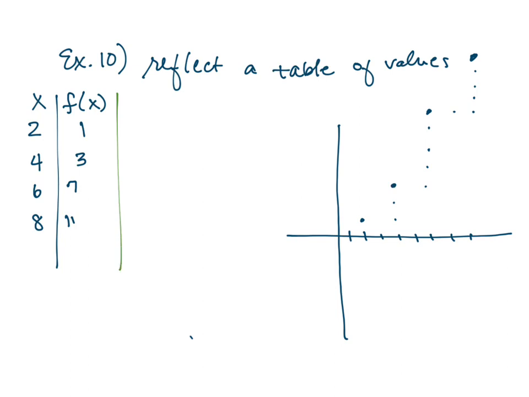The first kind of reflection it wants is over the x-axis. So we're going negative f of x, which means I'm going to keep my input.